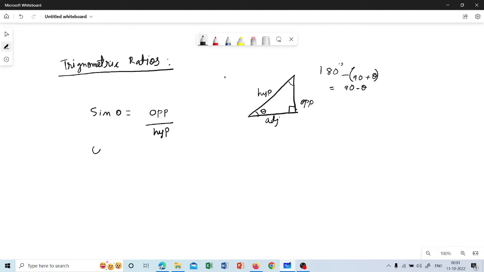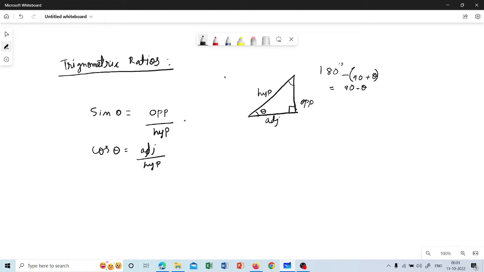Similarly, I can define cos theta as adjacent by hypotenuse.